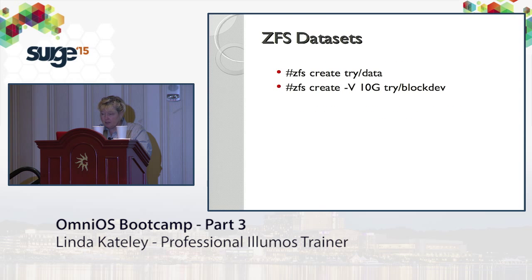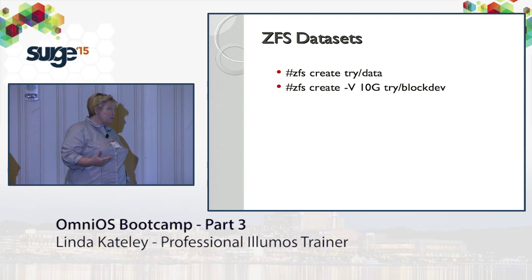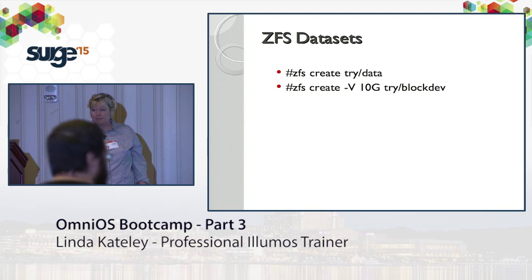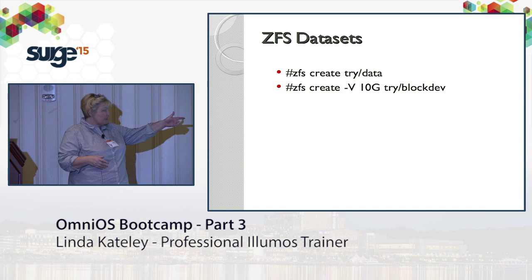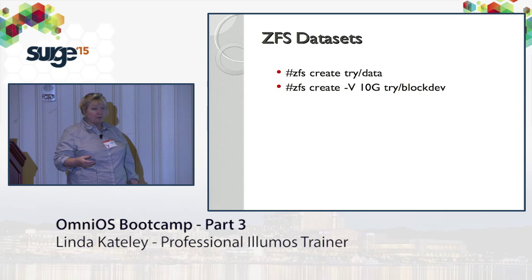Let's catch up here. So I also have the ability to create block devices. All I do is zpool create -V, capital V means volume, then give it a size of whatever, and then whatever name I want, in the pool. For the example here, the pool name was try, and this block device is named whatever I want to name it.